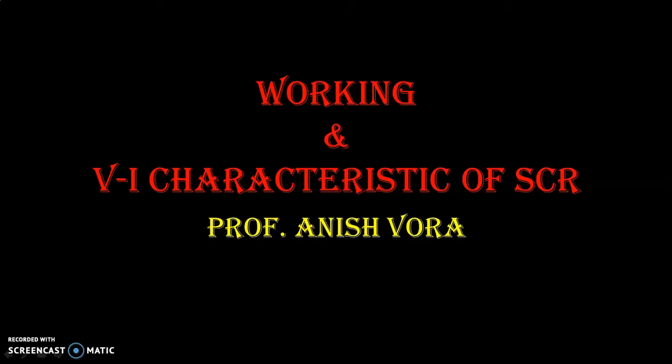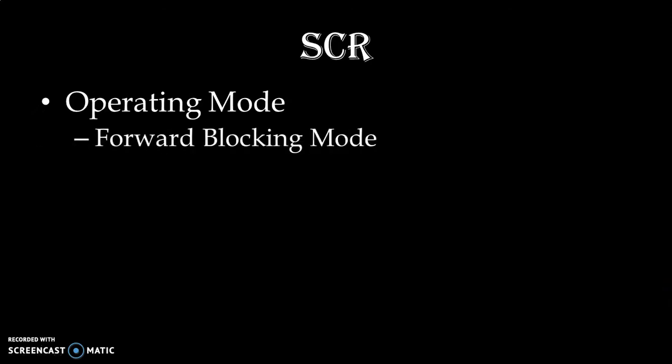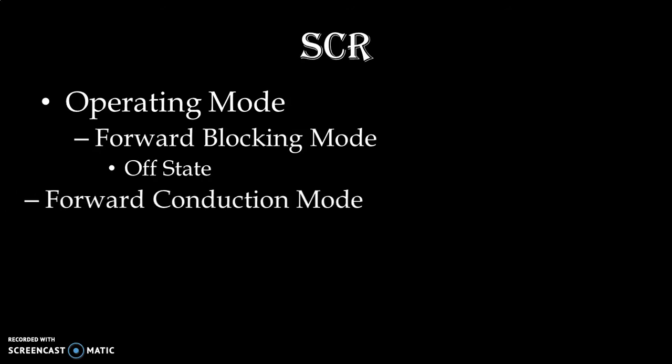In this video lecture, we will study the working and VI characteristic of the SCR. Before we start the VI characteristic of the SCR, we need to know the different operating modes of the SCR. We have forward blocking mode, that is the off state of the SCR.